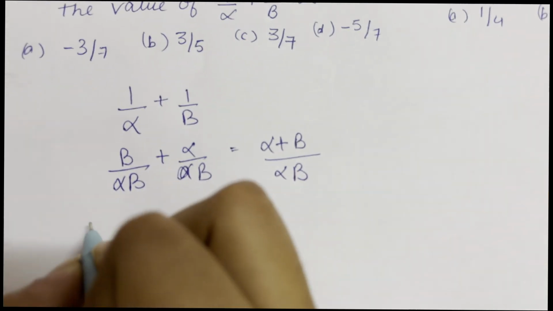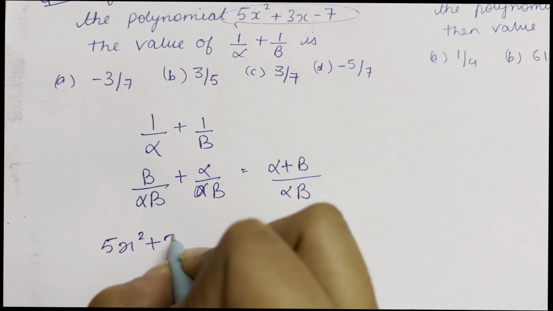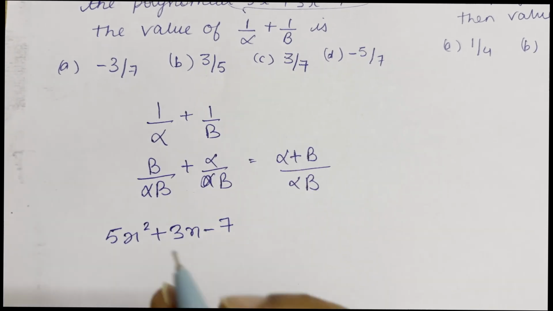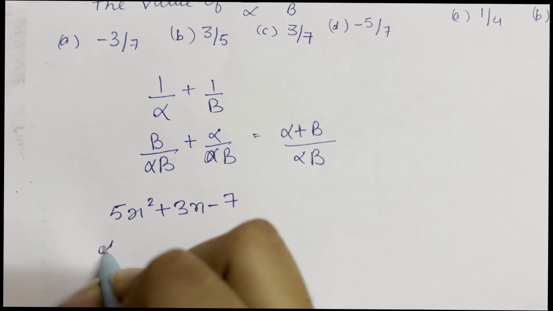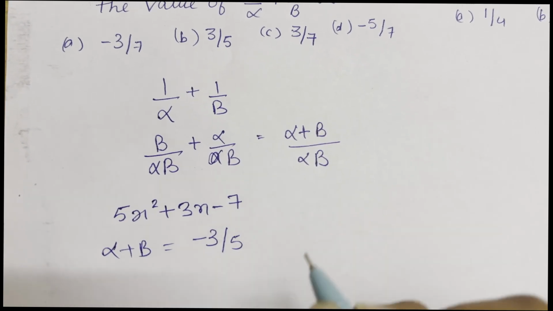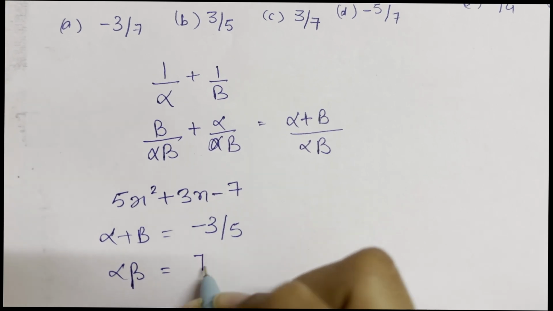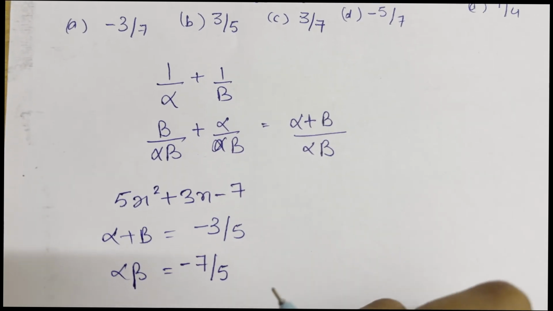From this equation, we can easily get the values of alpha plus beta and alpha beta. We get the sum of zeros, alpha plus beta, which is equal to minus b by a, that is minus 3 by 5, and the product of zeros, alpha beta, is c by a, that is minus 7 by 5.